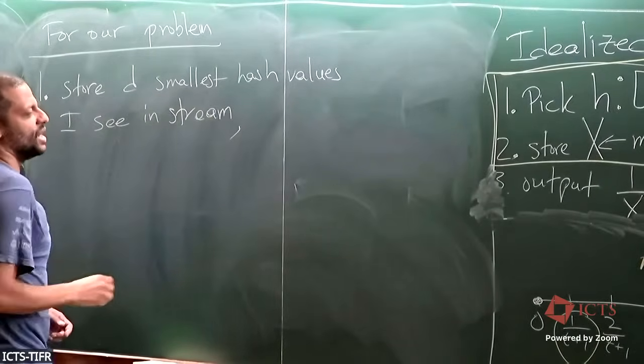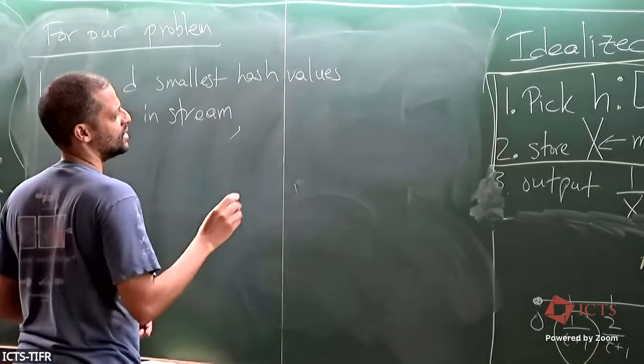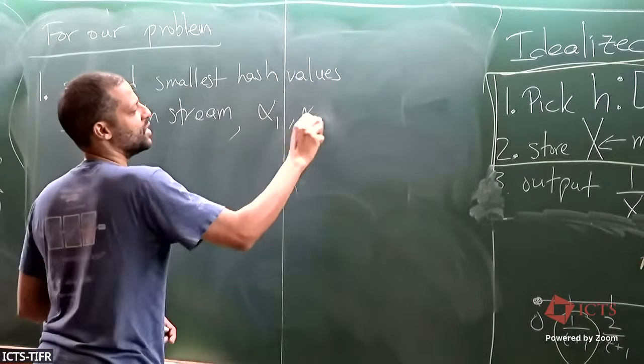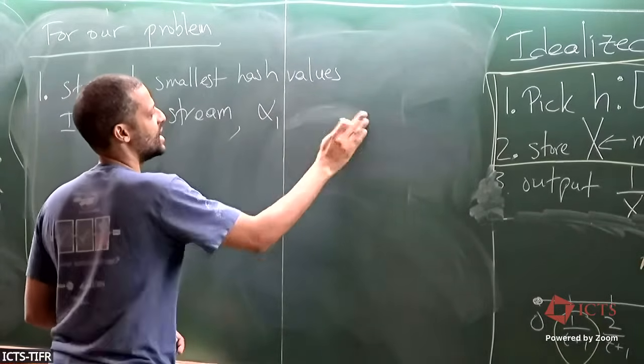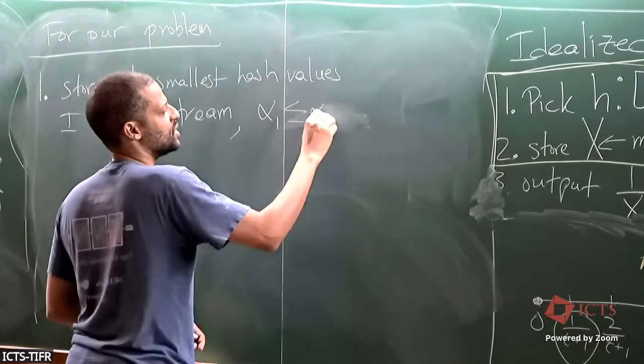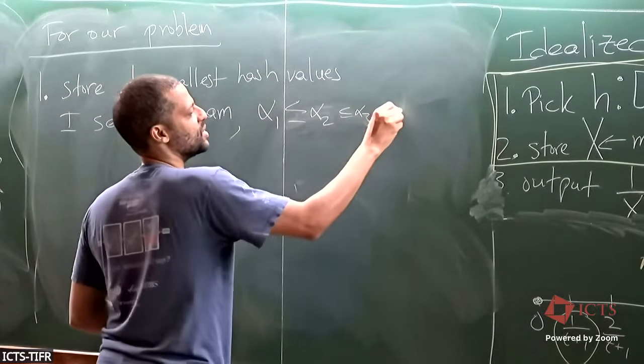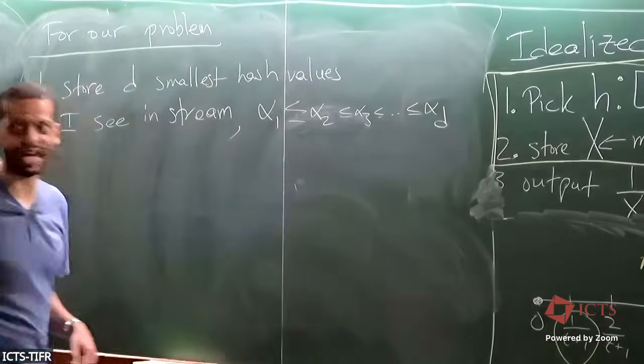Let's call those alpha 1, alpha 2, up to alpha d, where alpha 1 is at most alpha 2, which is at most alpha 3, which is at most alpha d. These are the d smallest hash values I saw in the stream.